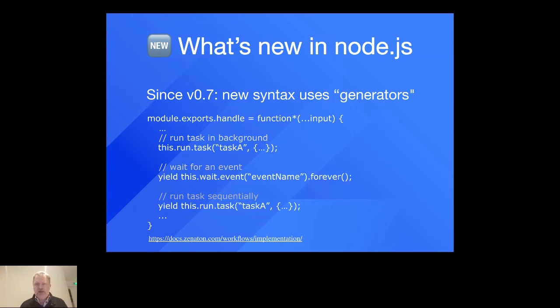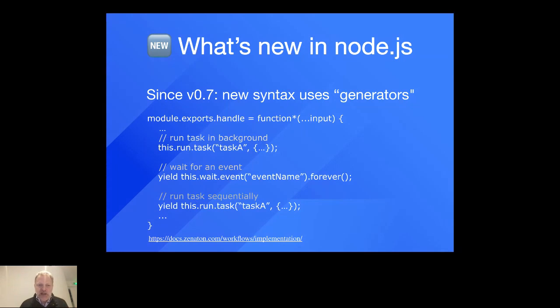It's a nice feature of JavaScript. Basically, you can describe a workflow like this one. You can look at this small star close to function. It means that this function is specifically a generator.